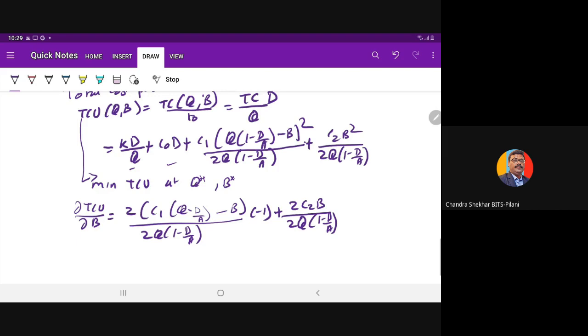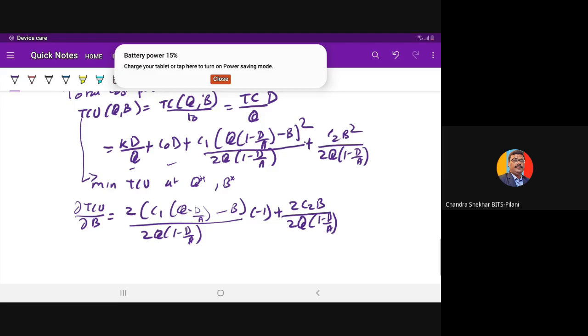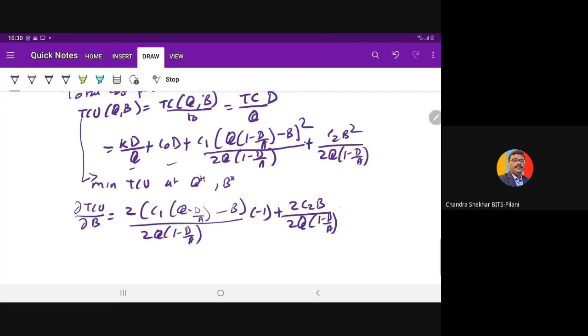And we know that according to classical theory in differential calculus, at the stationary point the first derivative should equal 0, whether it is a maximum, minimum, or point of inflection.